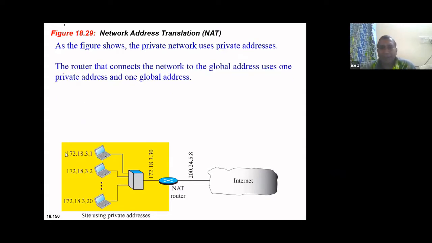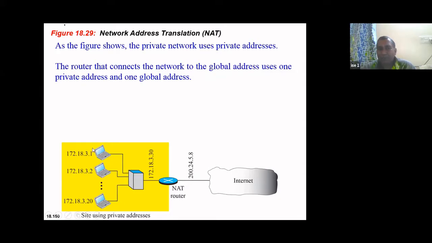So here you can see for internal communication, these are the IP addresses. For all internal communication, that means when this system wants to communicate with this system, this is the host and this is the destination. The destination IP address will be this, and the packet is not moving out.